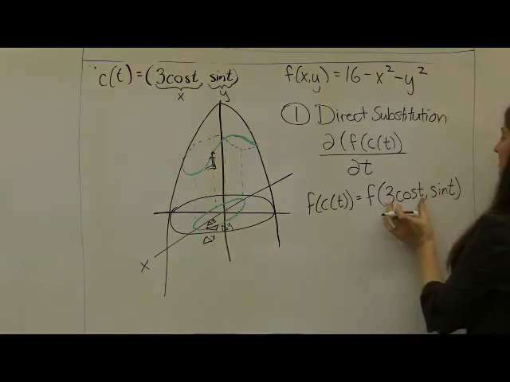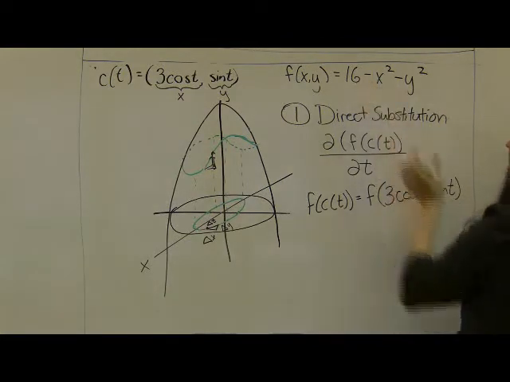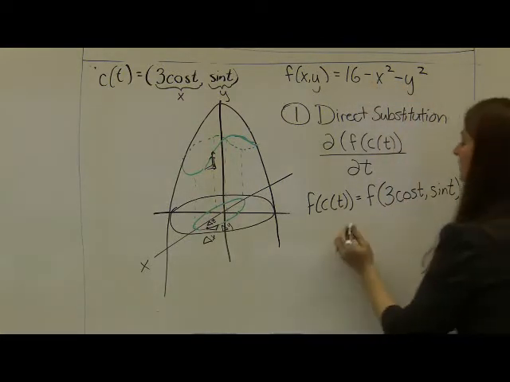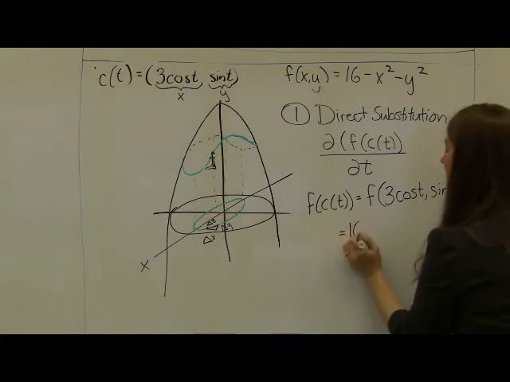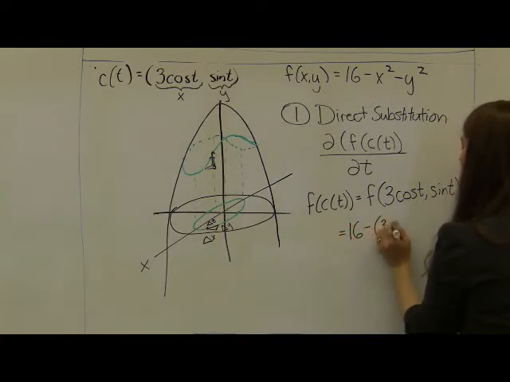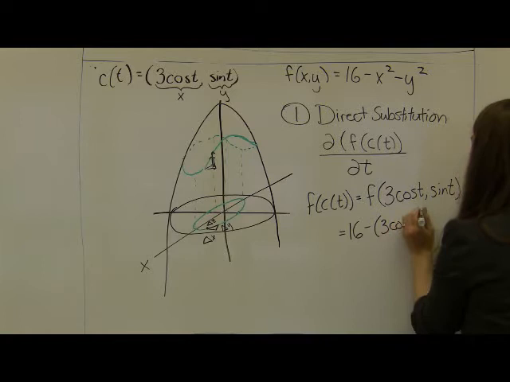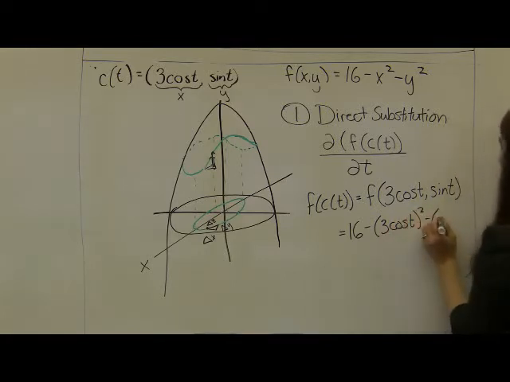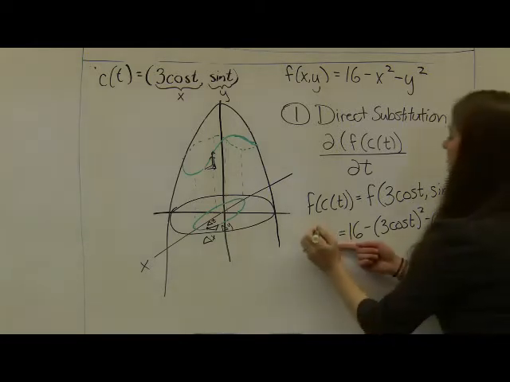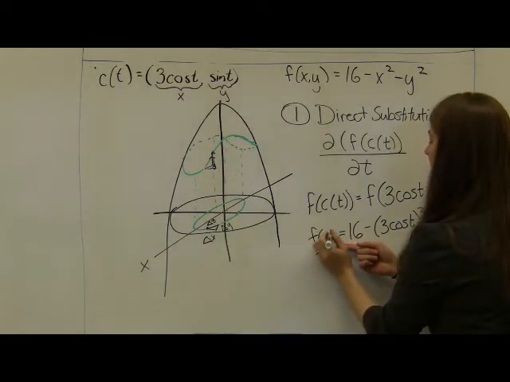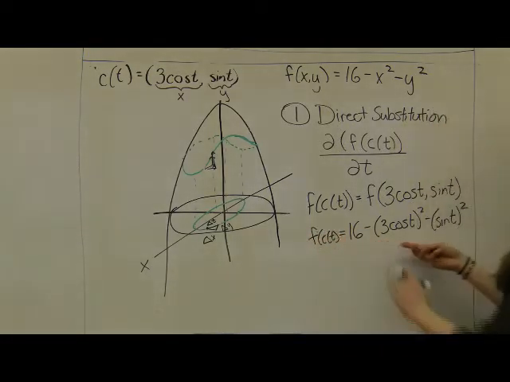So I'm going to take 3 cosine t and plug it into my x component, and sine t into my y component, and I end up with 16 minus (3 cosine t) squared minus (sine t) squared. So this is the composition, and now I want to take the derivative of this with respect to t.